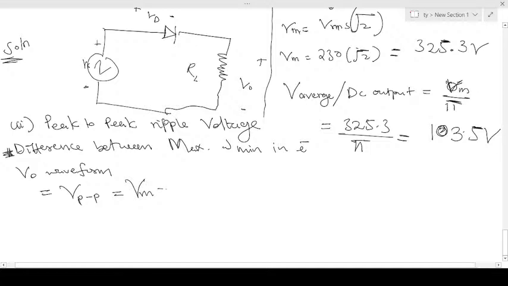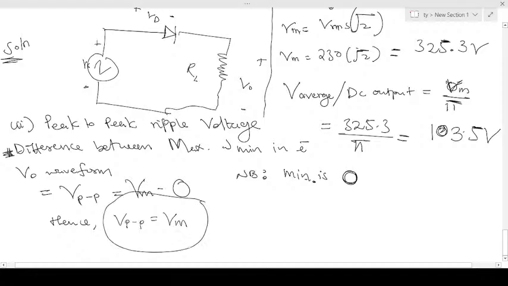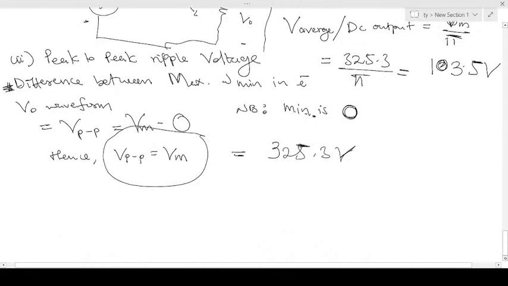But here our minimum is 0 volts. Hence our peak to peak will be equal to Vm, which is equal to 325.3 volts. So that's our peak to peak ripple voltage.